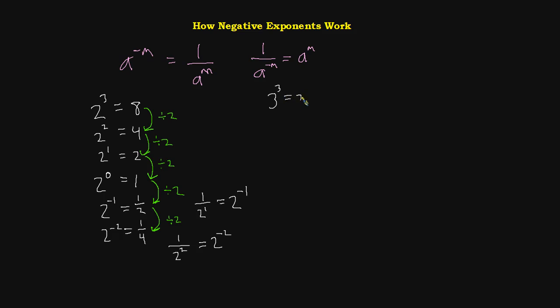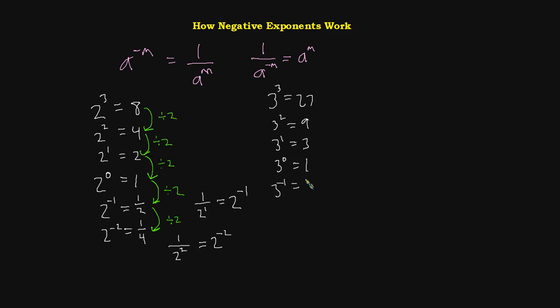3 to the 3rd is 27. 3 to the 2nd is 9. 3 to the 1st is 3. And so 3 to the 0. Divide by 3, divide by 3, divide by 3. I'd expect 1 again. And 3 to the negative 1.